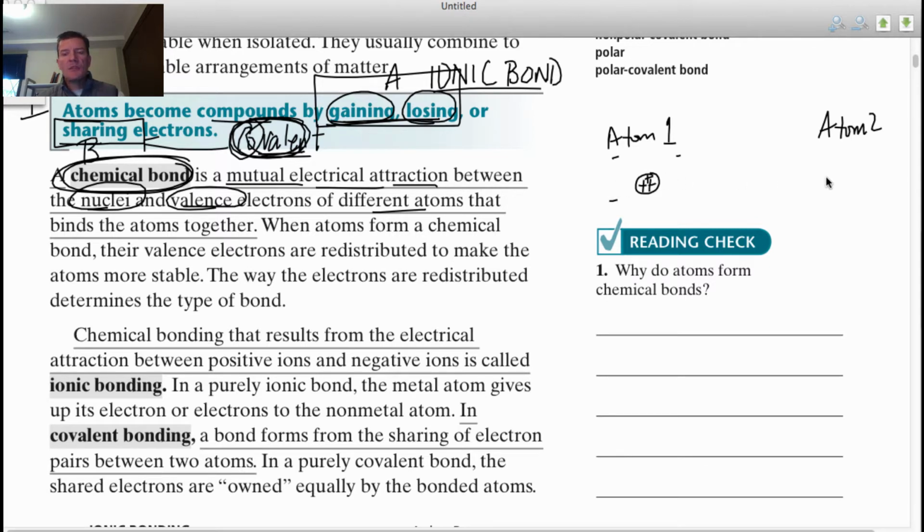Atom number two also has protons, and it has electrons.